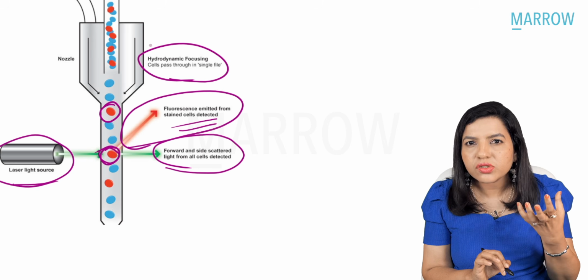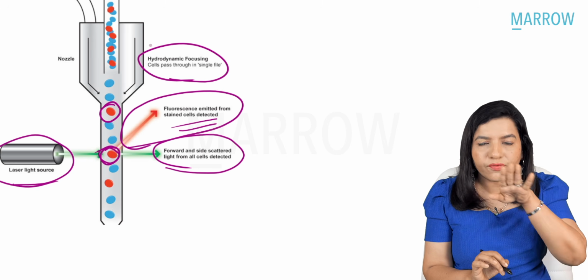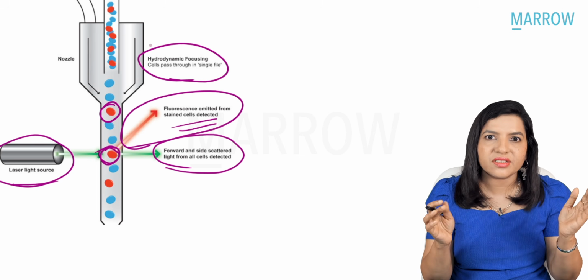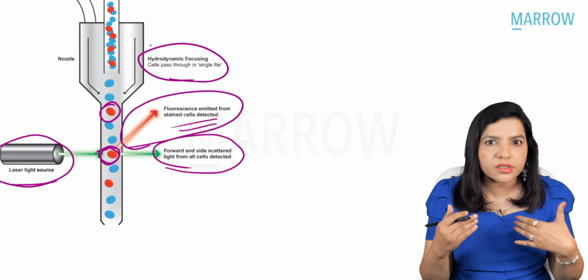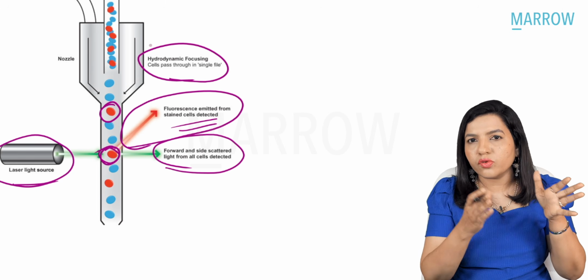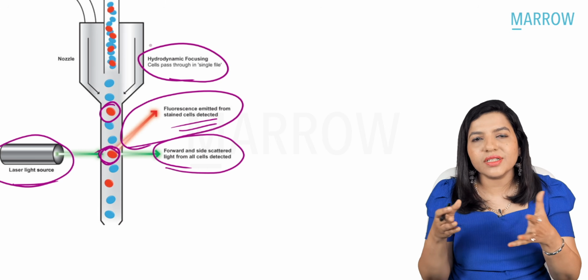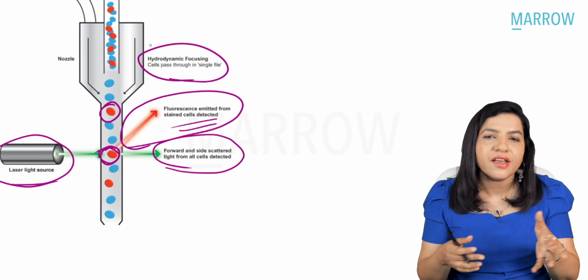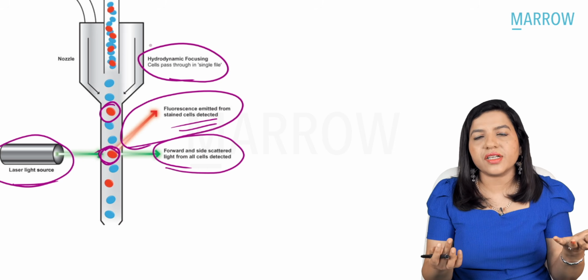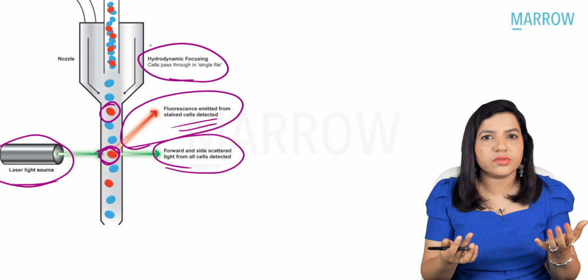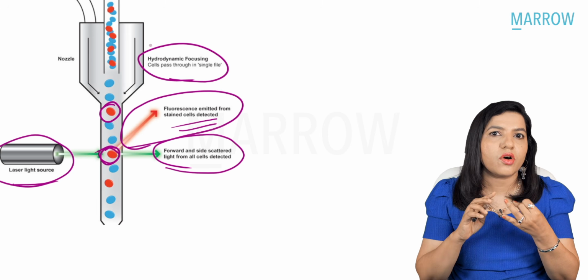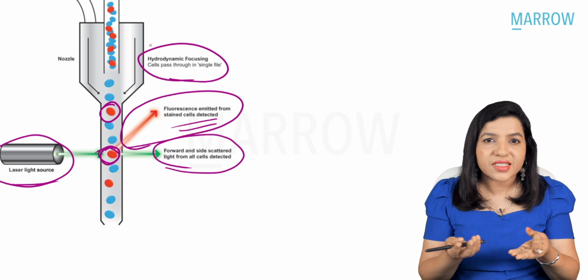Flow cytometry is a generalized term under which there are different techniques. Advanced techniques are there, and based on this advancement we can do all these uses I have told you: counting of cells, sorting of cells, and studying cell cycle phases.